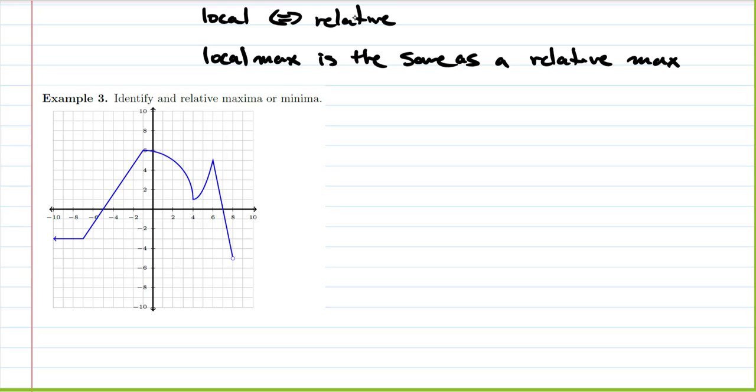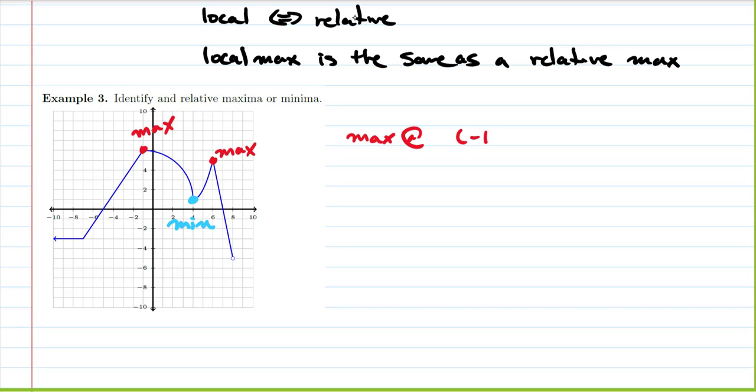So we have our graph changes from here, it changes from increasing to decreasing, which would make this a maximum. And then here, our graph changes from decreasing to increasing, so that would be a min. And then it changes once again from increasing to decreasing, which would make this a max.